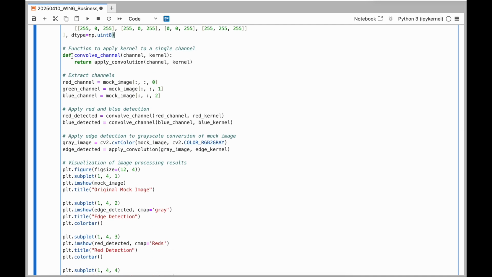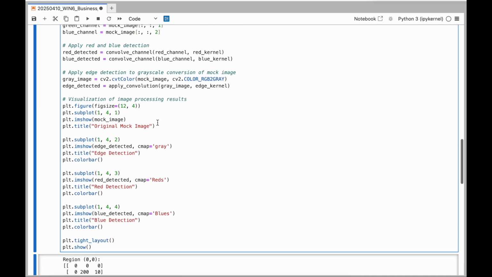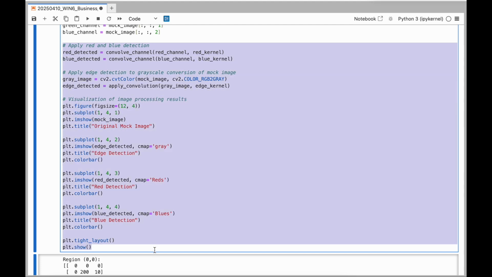We apply the convolution function just as above. The red channels are this. This is like moving into the three-dimensional cube we said: the first channel, the second channel, the third channel. Then we apply the convolution to detect red and blue, and we print it.